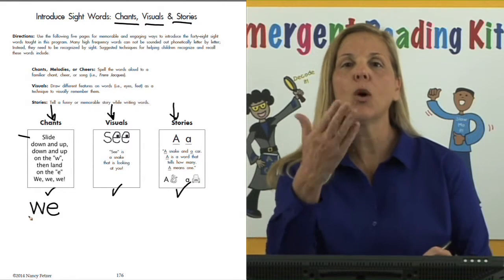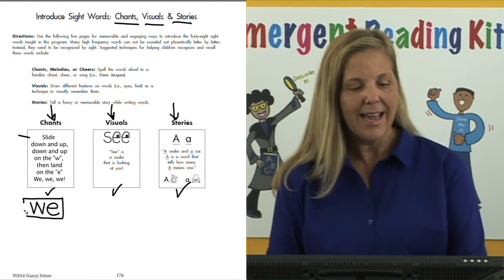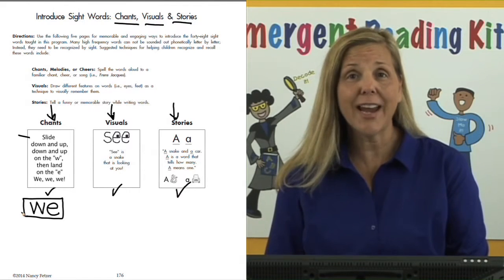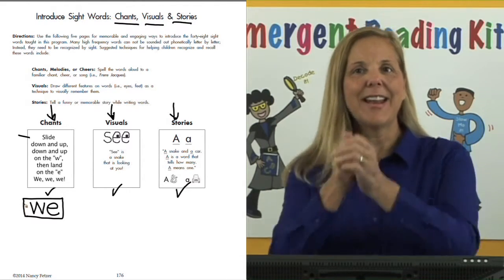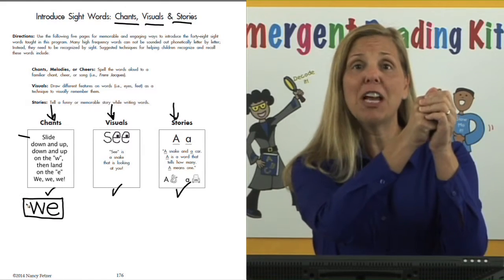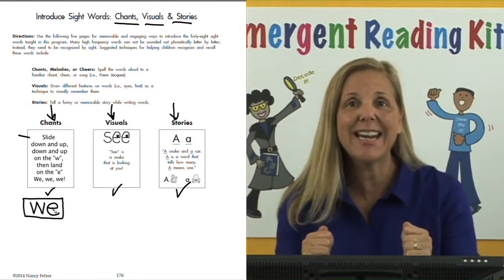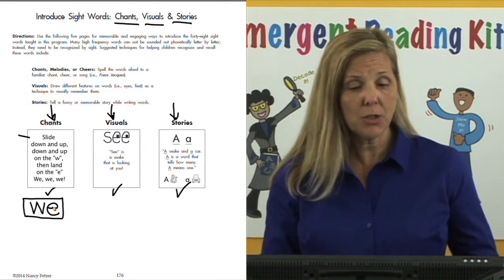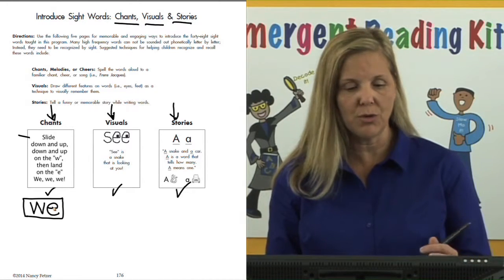Here's the word we. What's the word? We. Here's how I'm going to remember we. Let's learn the we chant. Slide down and up on the W, then land on the E. Wee, wee, wee.